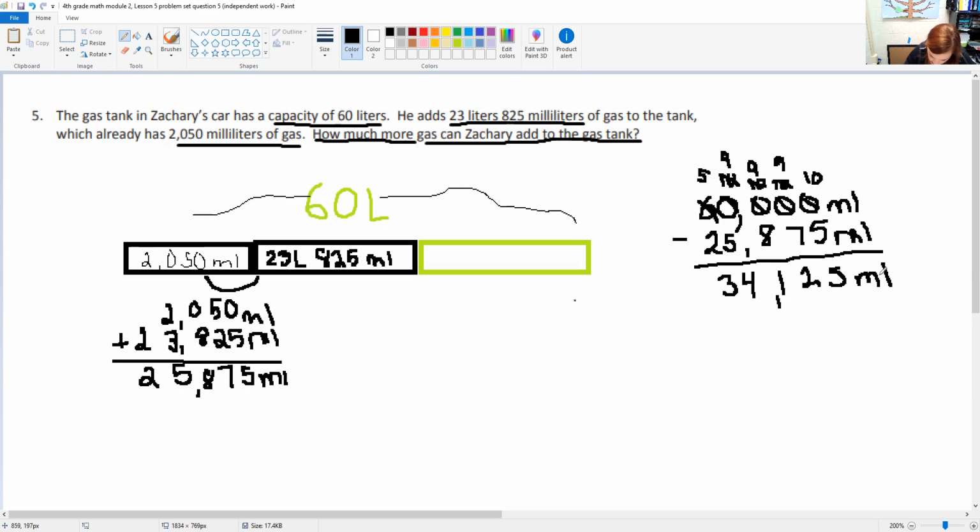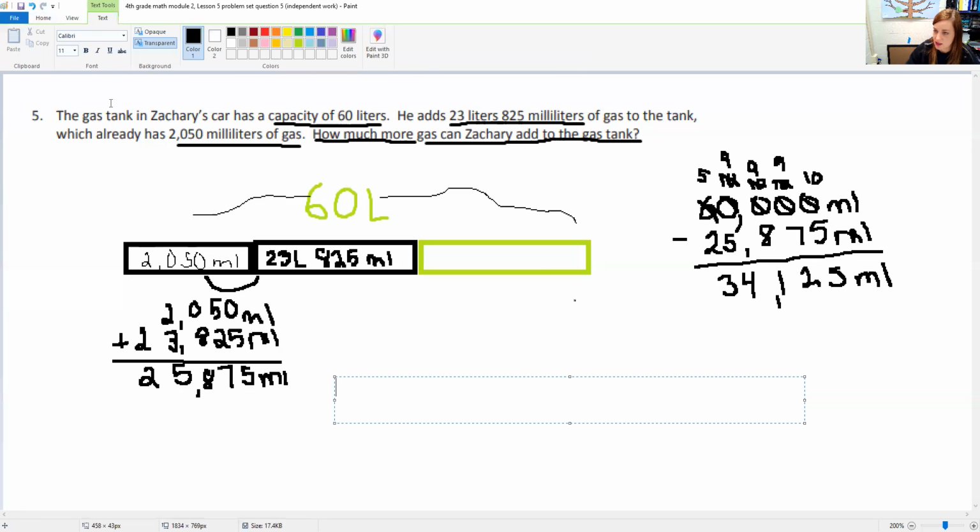Okay, and then we just need to write out our sentence. So I'm going to make a box right here so I can write it out. So I can look back at the question, how much more gas can Zachary add to the gas tank? Okay, so I know that he can add, so I'm going to use that question to answer it in a sentence.